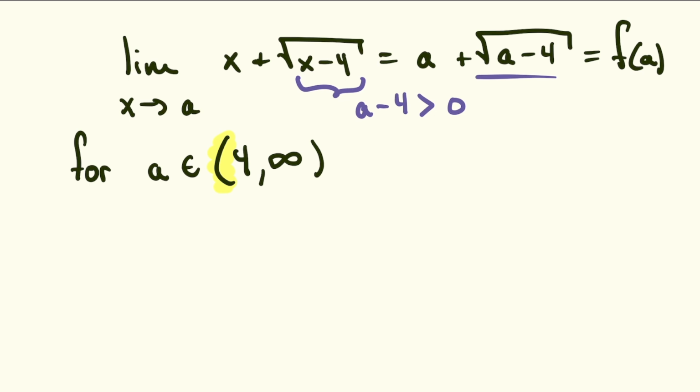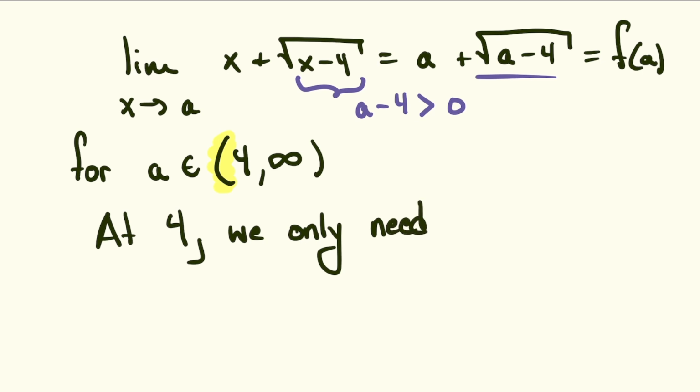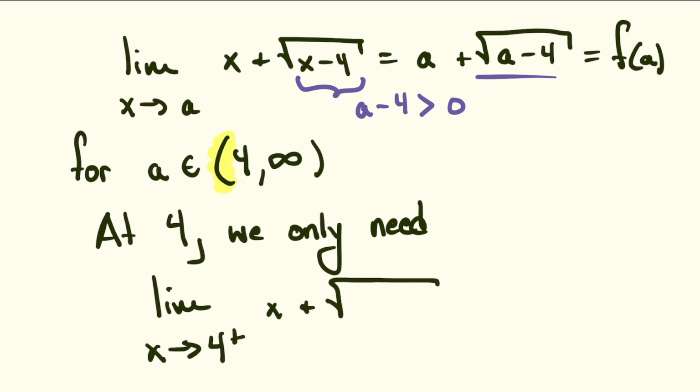So here's our caveat. At 4, we only need the right-hand limit. And that is what actually saves us in the end here, x minus 4. When we talk about the right-hand limit, you'll notice that I put a plus sign where we normally see an exponent.